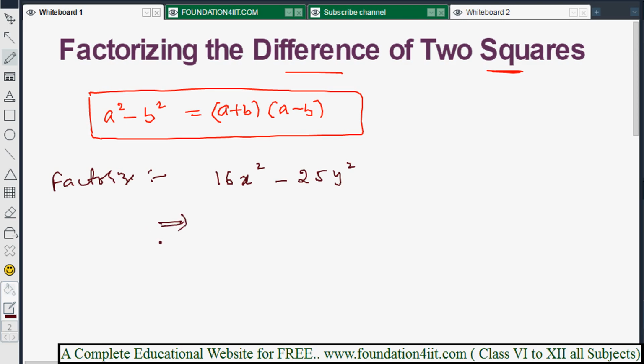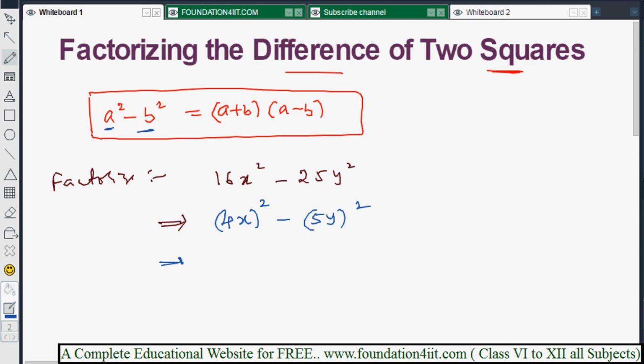We can write 16x square: 16 is 4 square, so 4x whole square, minus 25y square. 25 I can write as 5 square, so 5y whole square. That's it. Now the question is converted into the format a square minus b square, that is a plus b into a minus b.